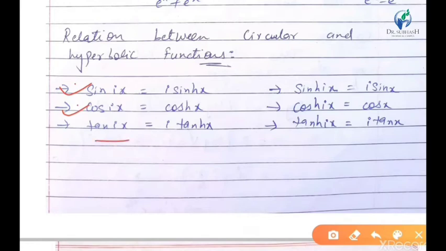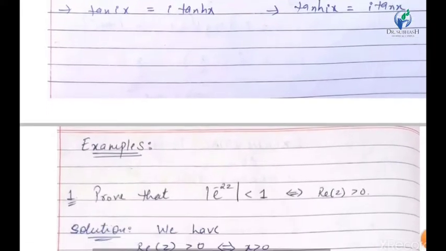And tan ix is equal to i tanh x. Sinh ix is equal to i sin x. Cosh ix is equal to cos x. And tanh ix is equal to i tan x. These are some relations between circular and hyperbolic functions.